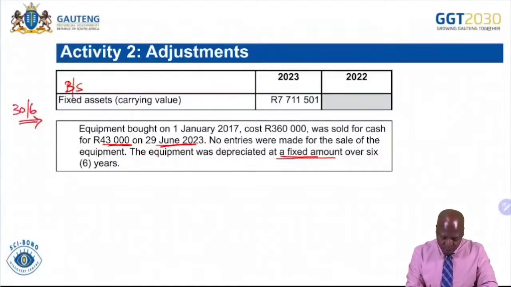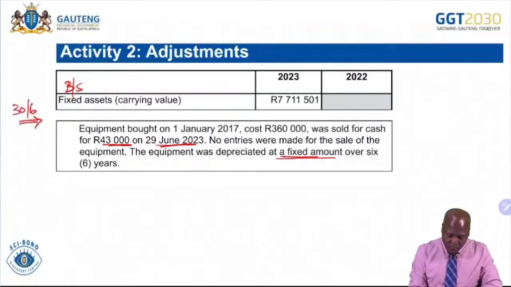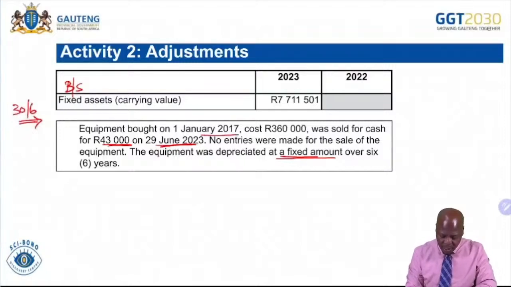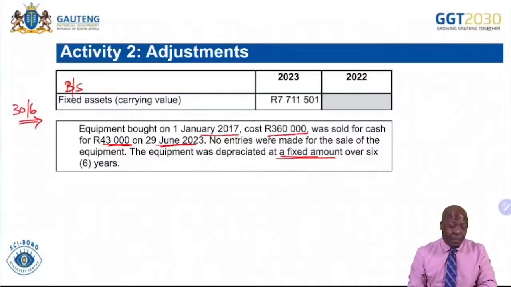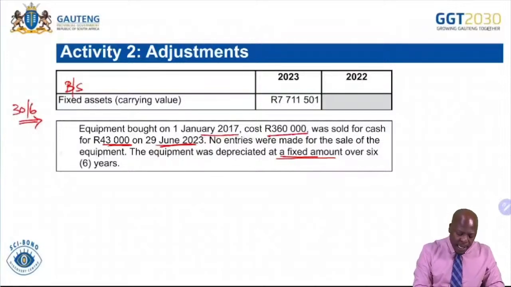We are told that we bought an equipment on the 1st of January 2017 and it cost 360,000. But in this case, we are supposed to calculate depreciation, because when we sell an asset, we need to know what was its carrying value. But for us to get carrying value, we have to say cost minus accumulated depreciation to get carrying value.